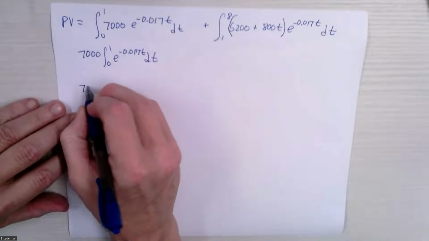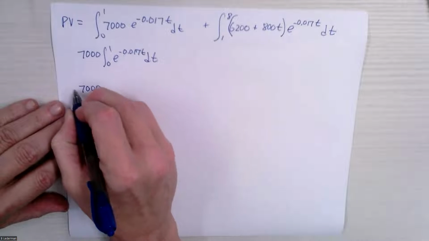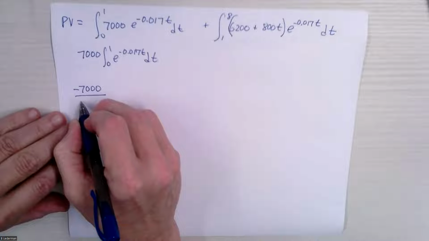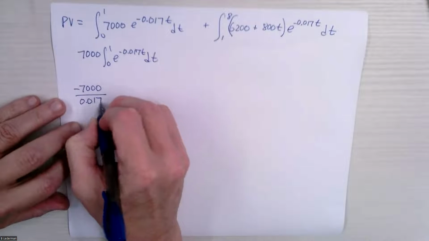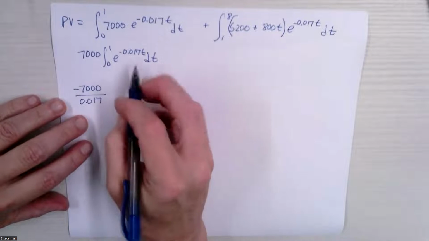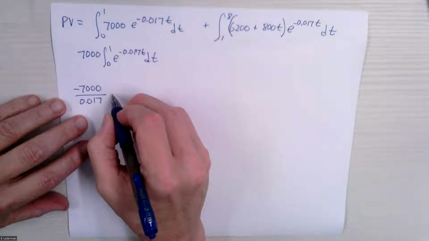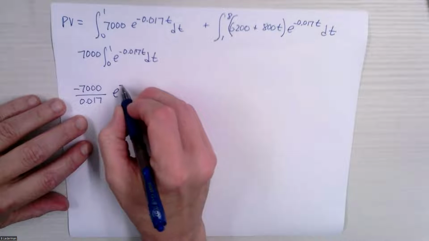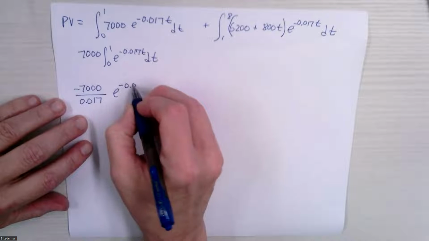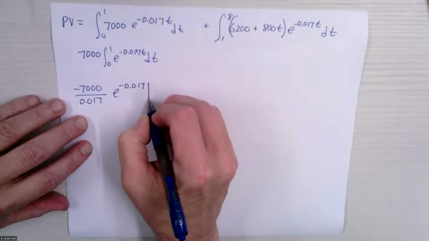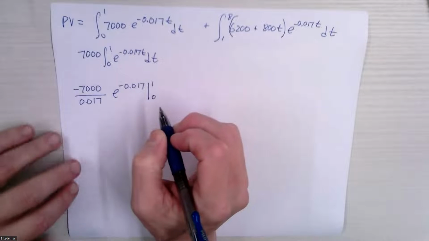So this is going to be 7,000 over negative 0.017 times e to the negative 0.017t evaluated between 0 and 1.